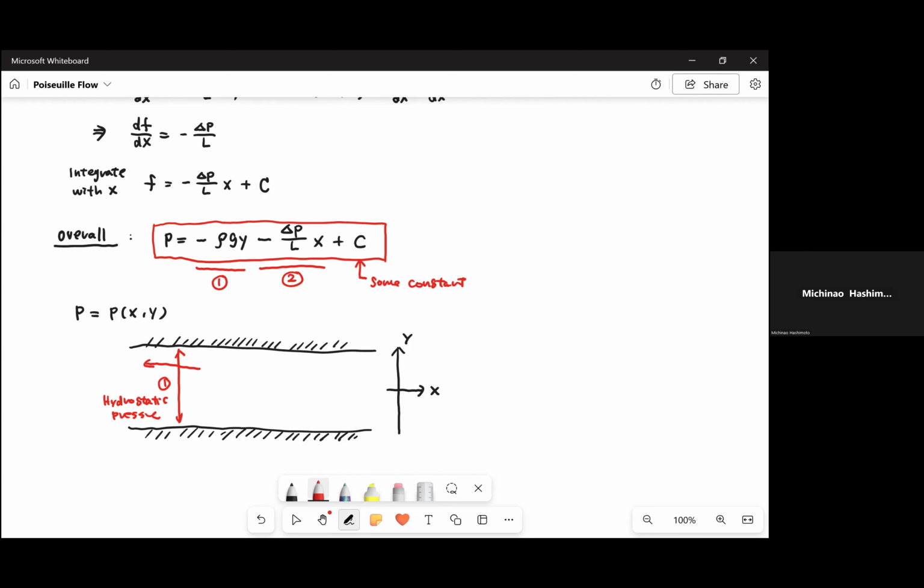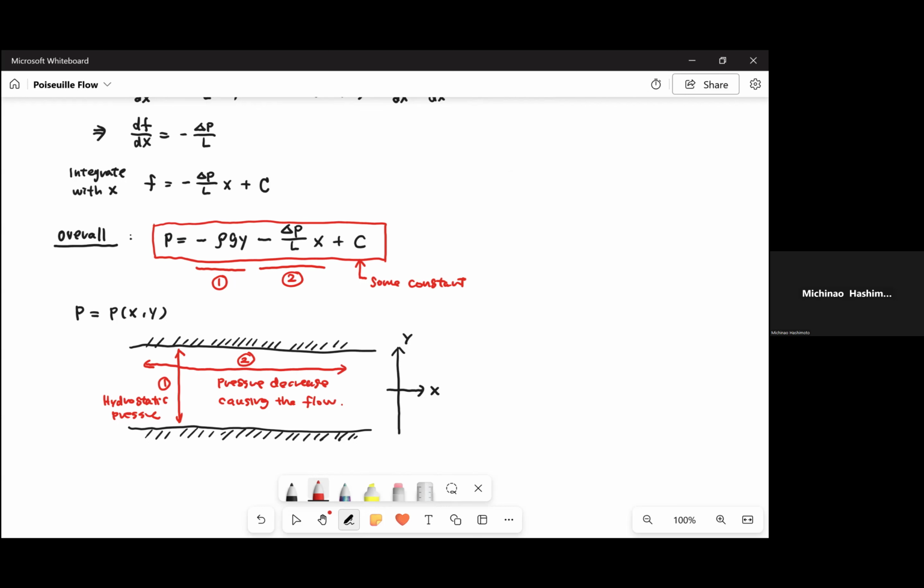This is part 2. This is the pressure decrease causing the flow. So this equation describes the two parts of how the pressure varies within the field.